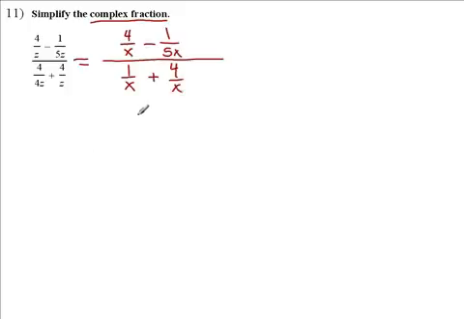All right. So now, I look at all these little denominators inside my complex fraction. I've got x, 5x, x, and x. I need to figure out what the LCD would be if I was trying to add all those up as fractions. 5x. So I need to make sure that every one of these has a 5x instead of just an x or something different.